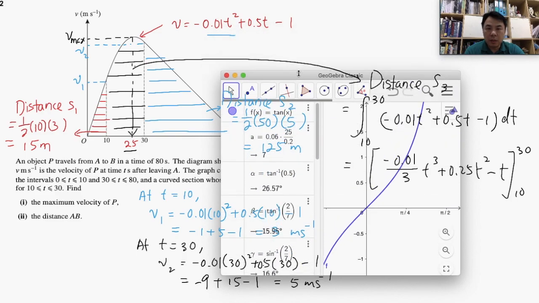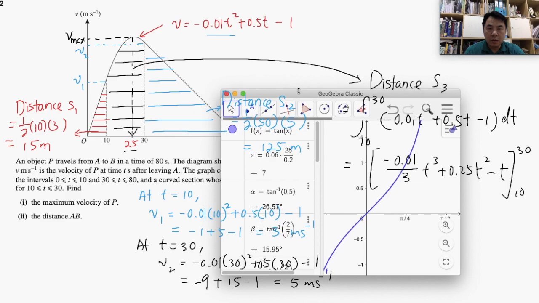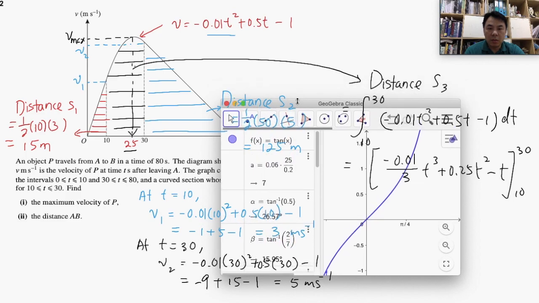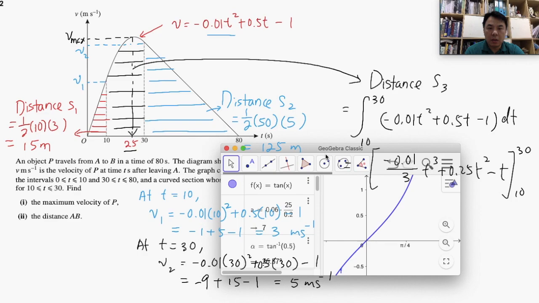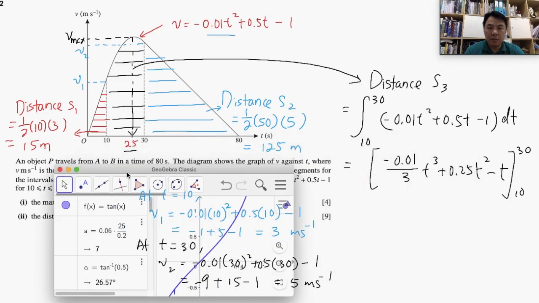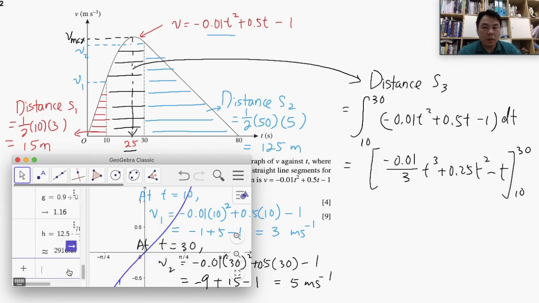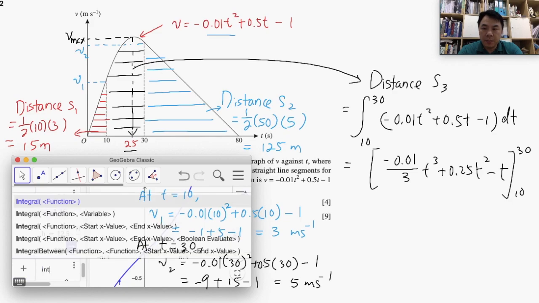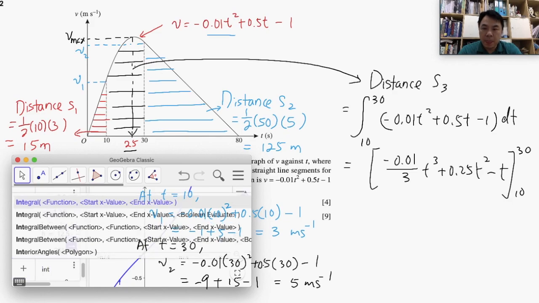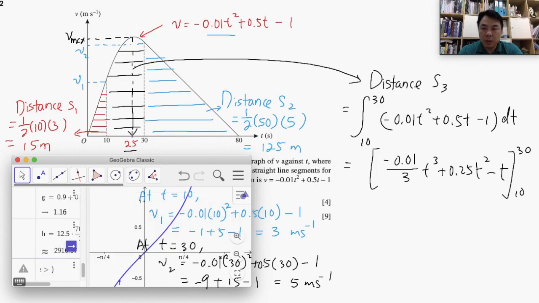Now here I need to integrate. Functions of negative 0.01 x squared plus 0.5x minus 1. Let me see what we have.